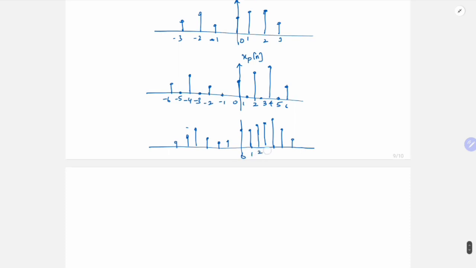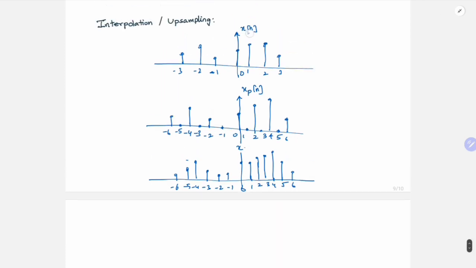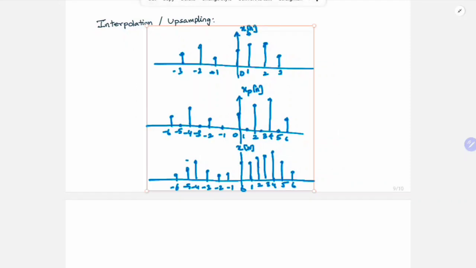So 0, 1, 2, 3, 4, 5, 6. Minus 4, minus 5, minus 6. So this will be my x of n, or let's say if I start with xb of n, the downsampled version, I can get back my x of n. So let us see what happens in the frequency domain.